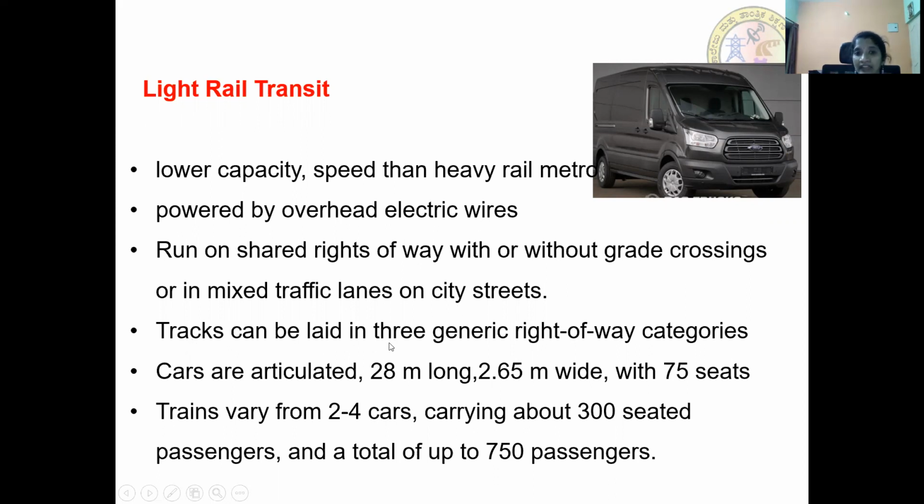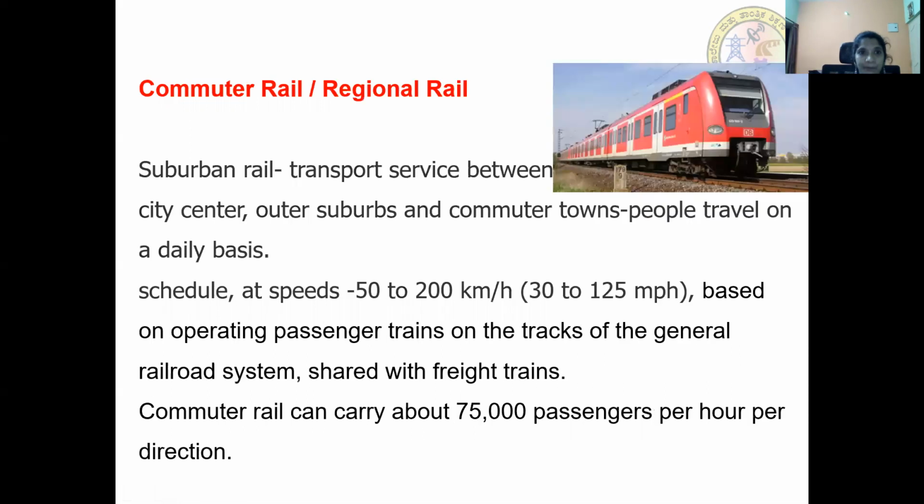The tracks can be laid in three generic right of way categories. Cars are articulated, 28 meters long, 2.65 meters wide with 75 seats. The trains vary from 2 to 4 cars carrying about 300 seated passengers and a total of up to 750 passengers.